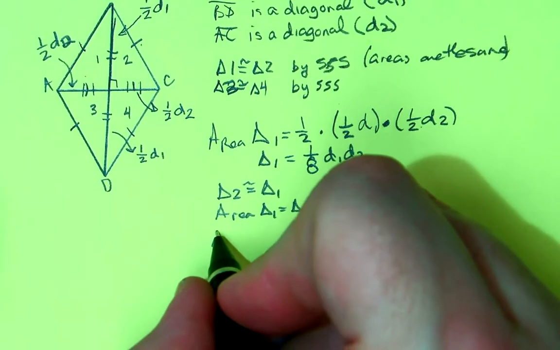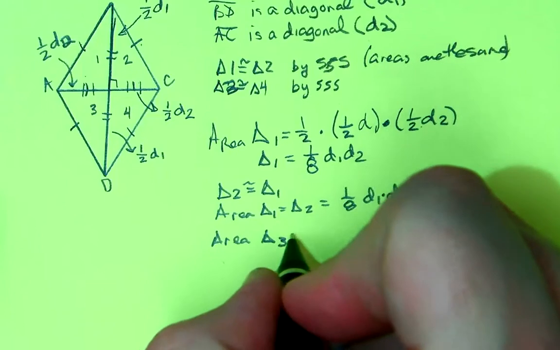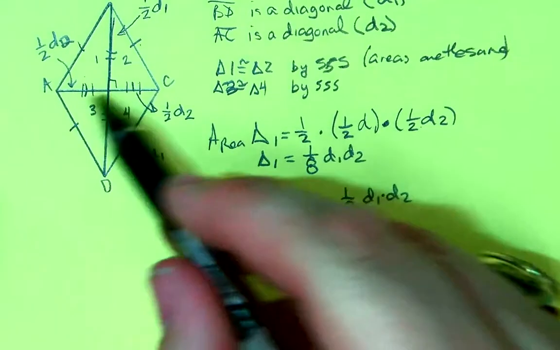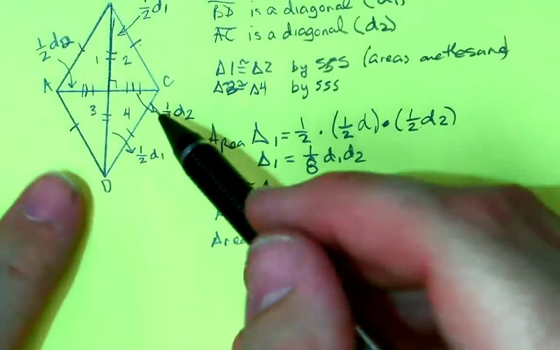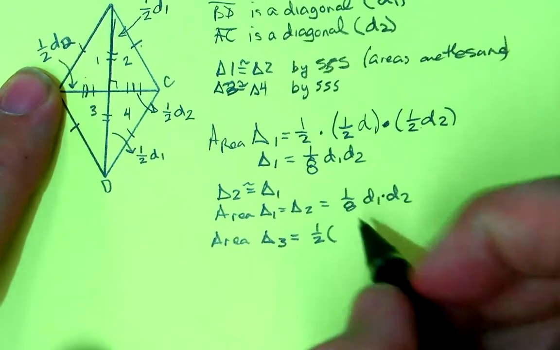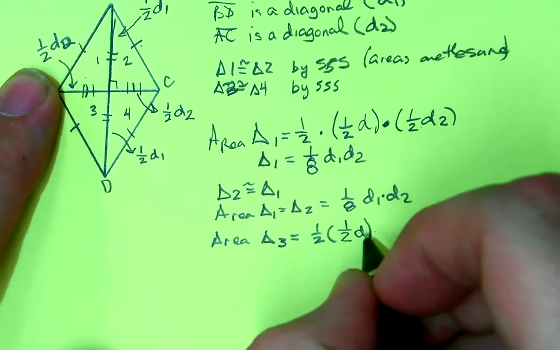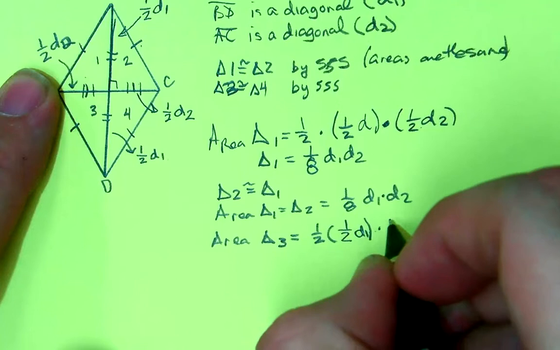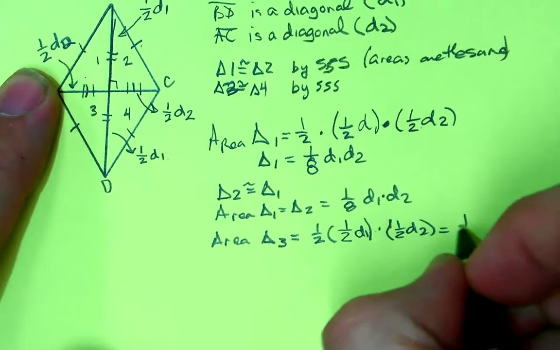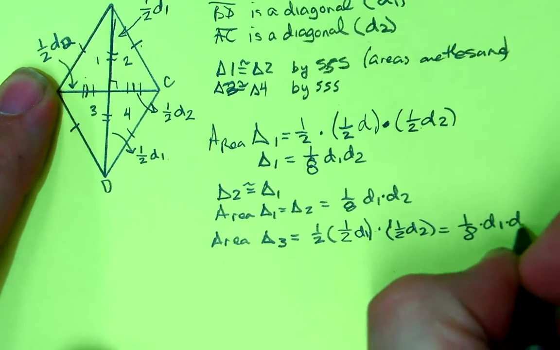Now, the area of triangle 3 is going to be 1/2 times the legs, because again it's a right triangle. Just so happens that it's 1/2 of D1 times 1/2 of D2, which is the exact same thing as before. So it's 1/2 of D1 times 1/2 of D2, which is 1/8 times D1 times D2.